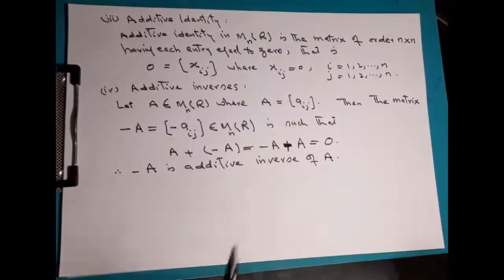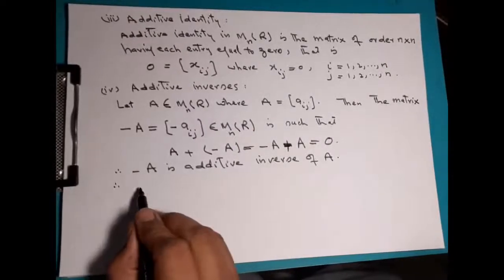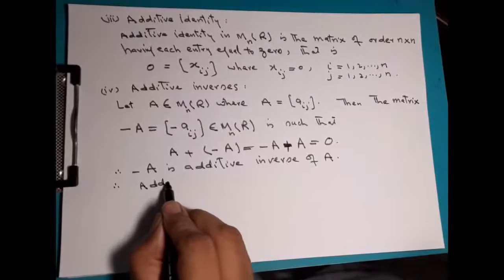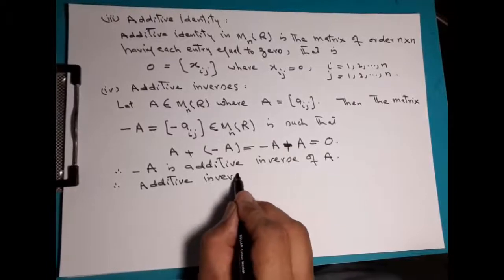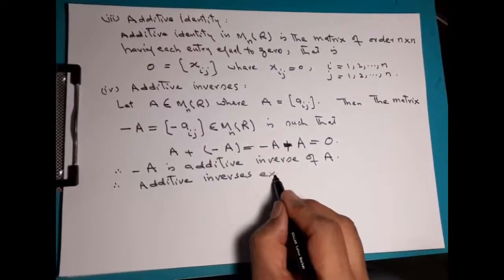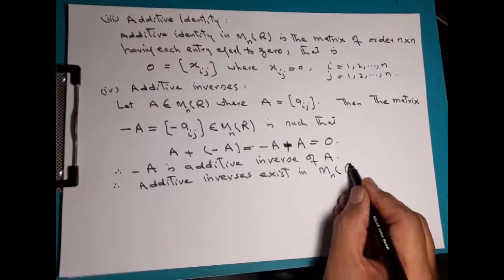So we have discussed that additive identity exists in MnR. So this is about additive inverse, which exists in MnR for every element. So therefore additive inverses exist in this particular set MnR.